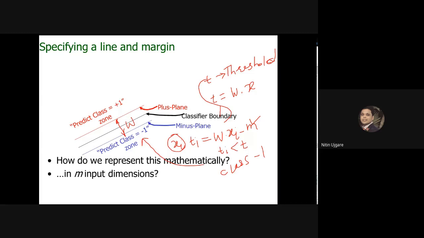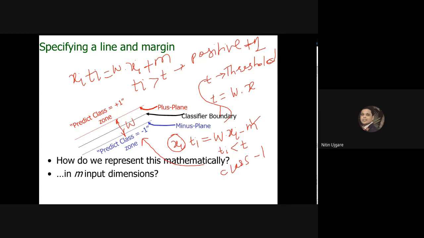This is one case. Now, for example, for any input instance vector xi, if ti is equal to w into xi plus m, where ti is greater than t, then xi will be classified to the positive class. So this is very important.